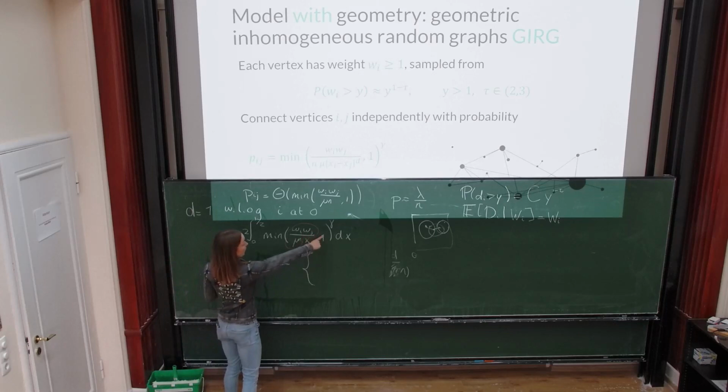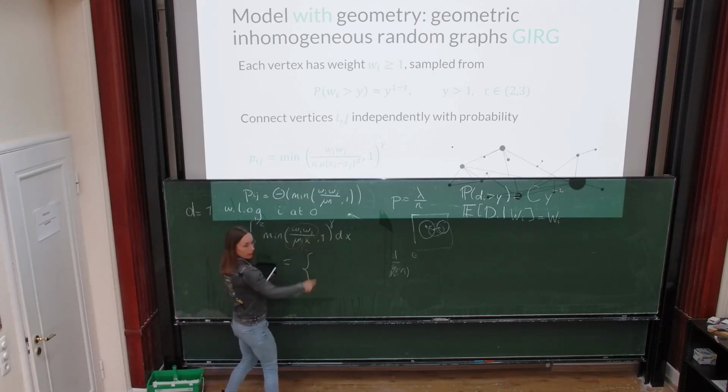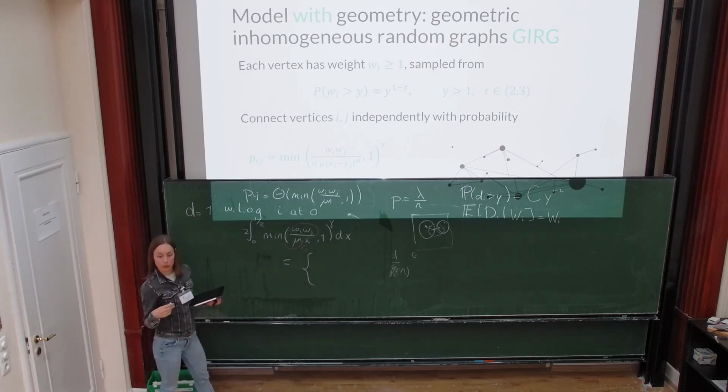And if it's already larger than 1 when x is 1/2, then the minimum will always be obtained by 1, no matter what. So there will be no switching point.